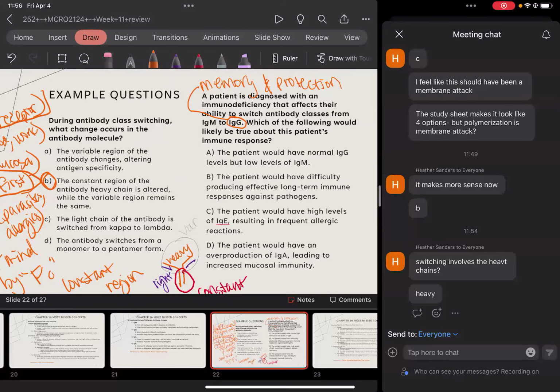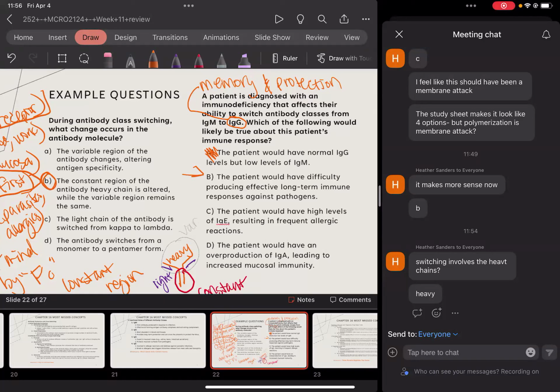Which of the following would likely be true about their immune response? The patient would have normal IgG levels. No, they have to start out with IgM, and then you switch to IgG, so you would have the opposite of that. The patient would have difficulty producing effective long-term immune responses. Yes, IgG is what's important for the memory.